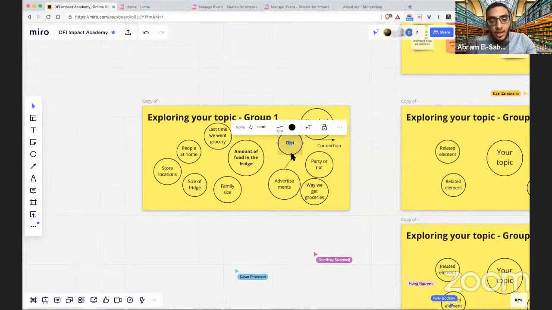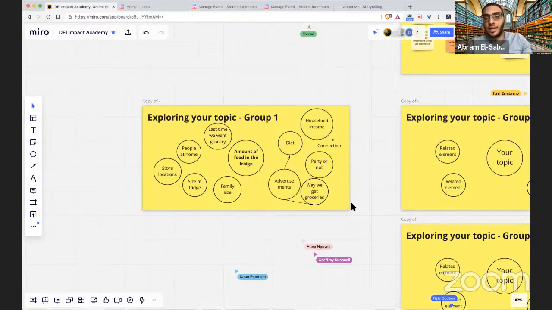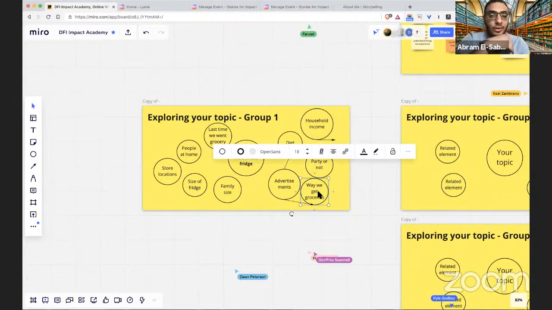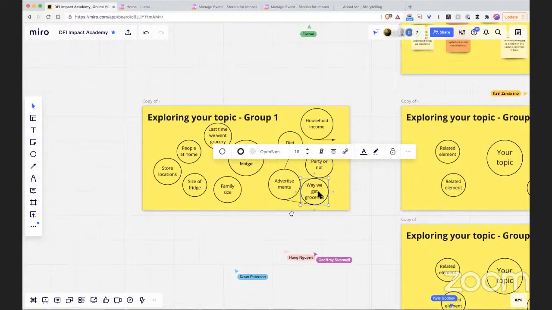advertisements with diets, and also advertisements with the way we get groceries, right? If they're advertising keto diet on TV, then maybe we start going on a keto diet, or if they're advertising Blue Apron or something else, then yeah. Household income with family size.